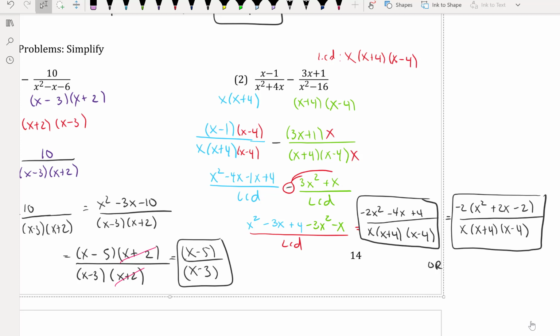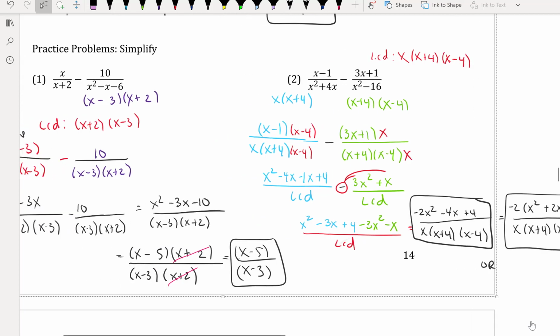So here my answer could have been -2x squared minus 4x plus 4. Or I thought, hey, maybe if I try to factor it, maybe I can cancel some more terms. But it turns out that I wasn't going to be able to cancel anything out. So either answer that is boxed is fine there for number 2.